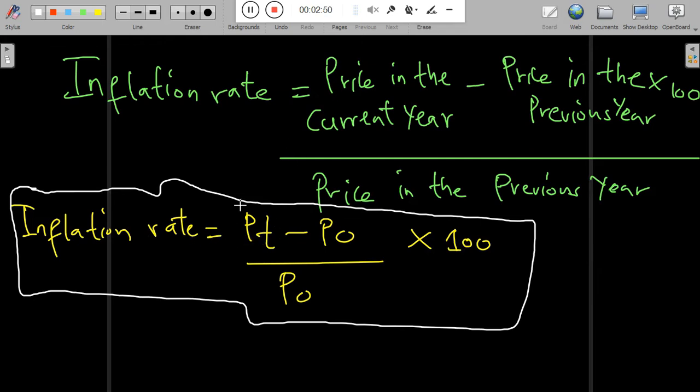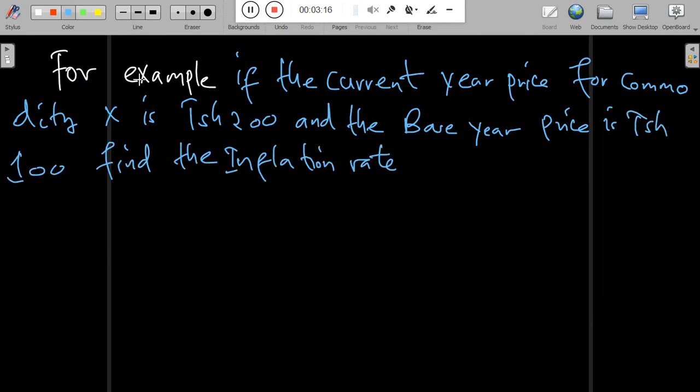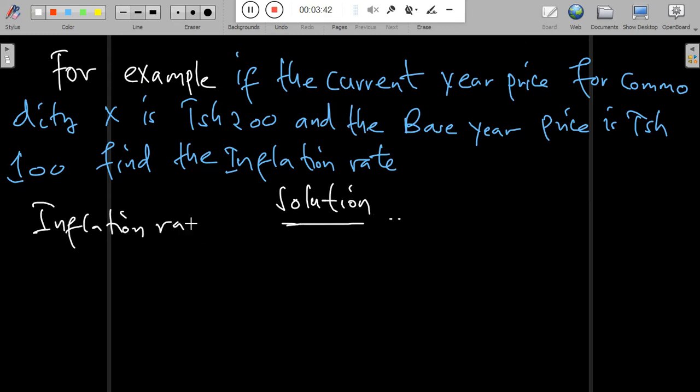So let's look at an example on how we can apply this formula in solving different inflation problems. For example, if the current year price for commodity X is 200 Tanzania shillings and the base year price is 100 Tanzania shillings, find the inflation rate.